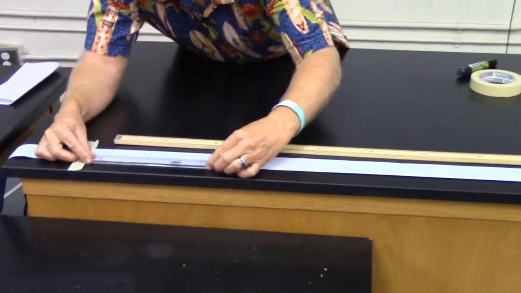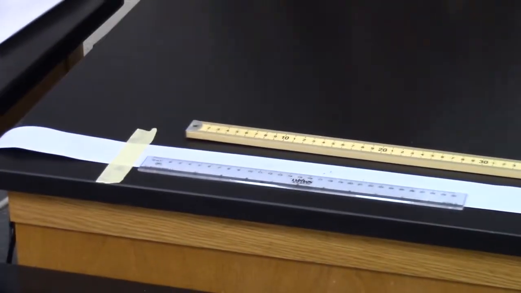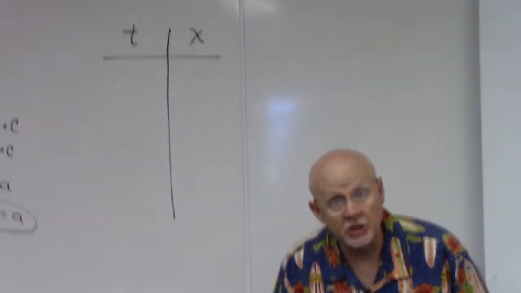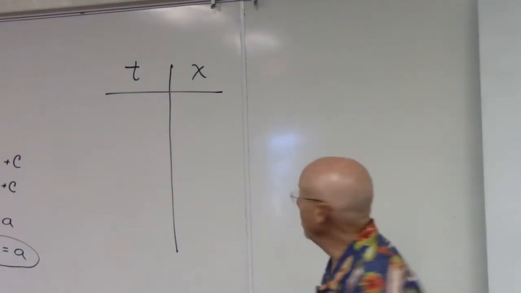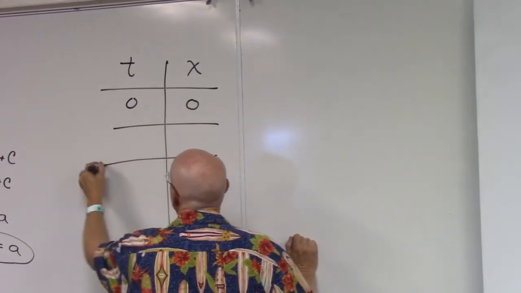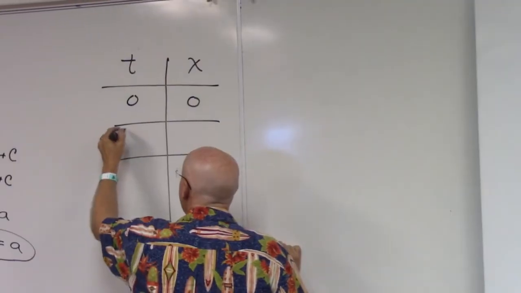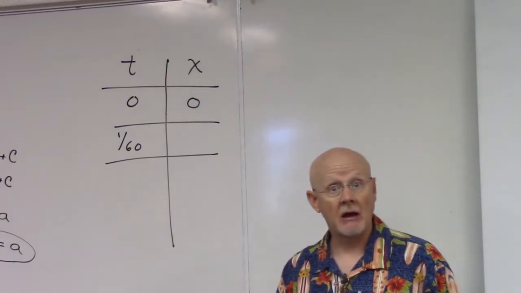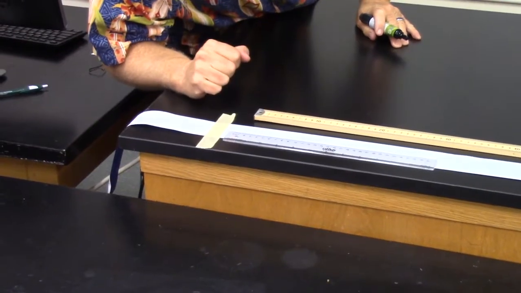But to get us started, I'm going to say that here's a chart of time and here's a chart of position. So at 0 time, I've got 0 position. And then at 1/60th of a second, now here I need to come over and look at that first dot, and it looks like it is about 3 millimeters.